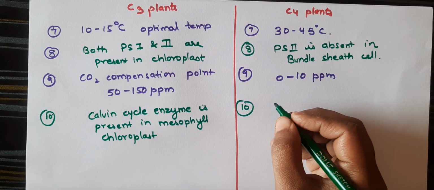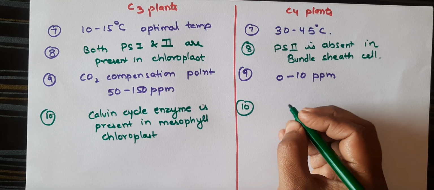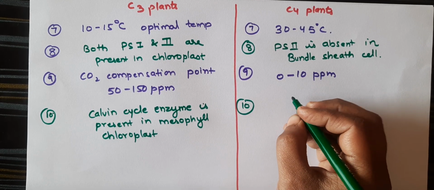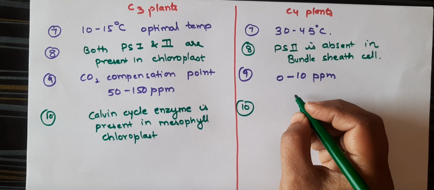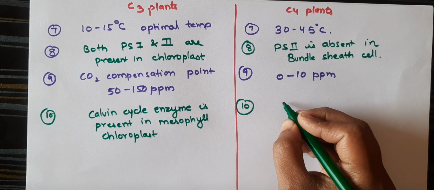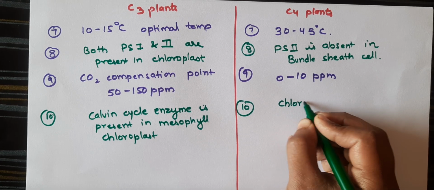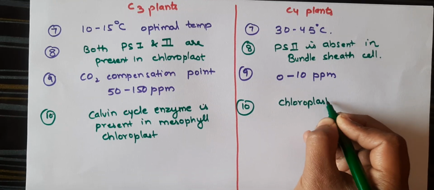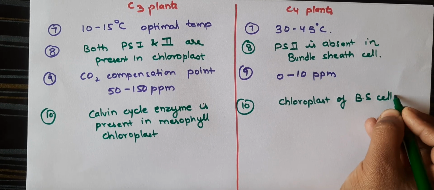Whereas in the C4 plant, the C4 cycle occurs in the chloroplast of bundle sheath cells.